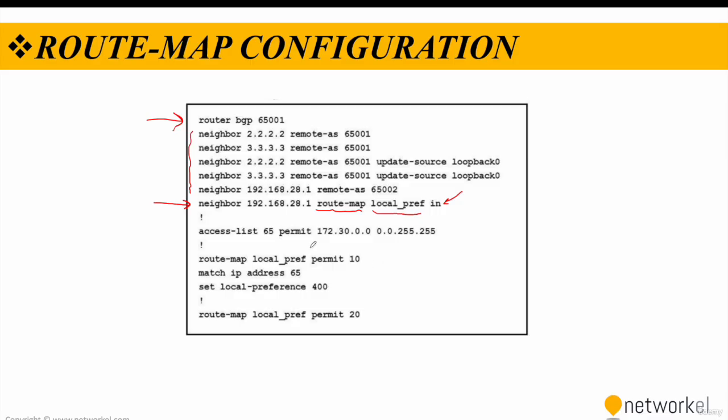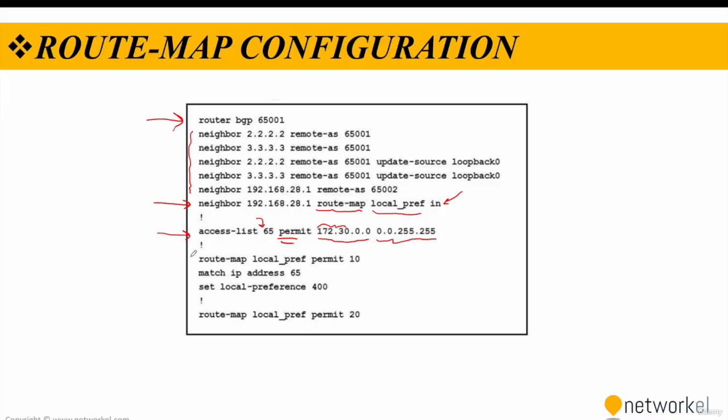I am also able to see I defined access list 65, which is a permit statement, and this is the statement 172.30.0.0 with a wildcard mask of 0.0.255.255, which means it is matching the first two octets, 172 and 30.